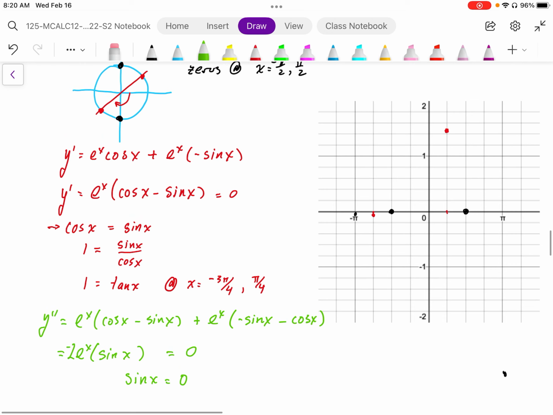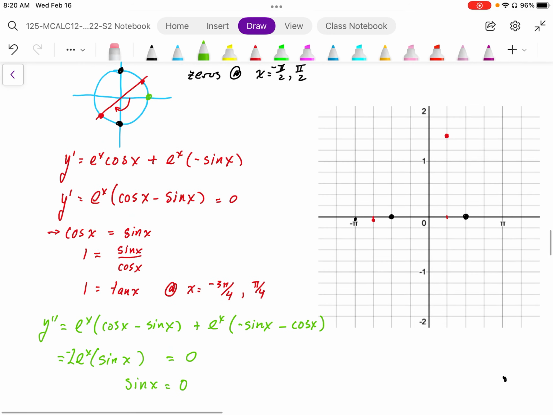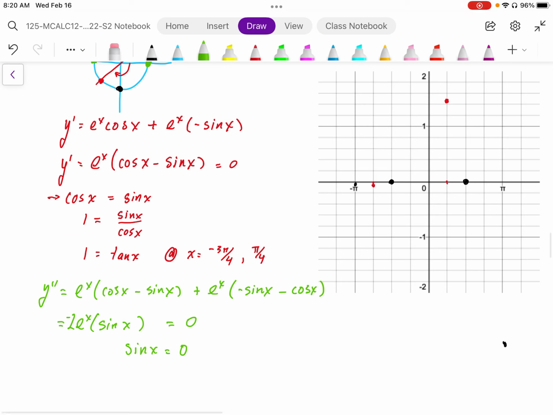Sine x is equal to 0 at 0, negative pi, and also positive pi. So I'm going to write that down: x is equal to negative pi, 0, and positive pi.